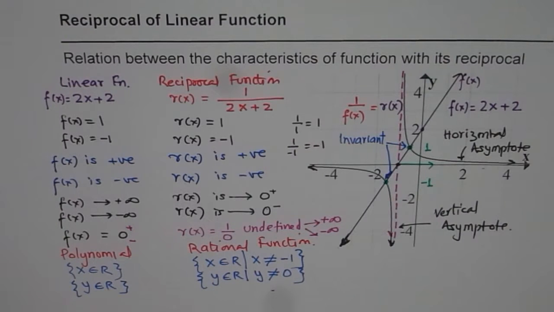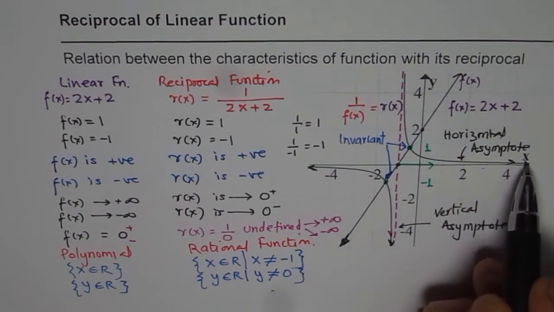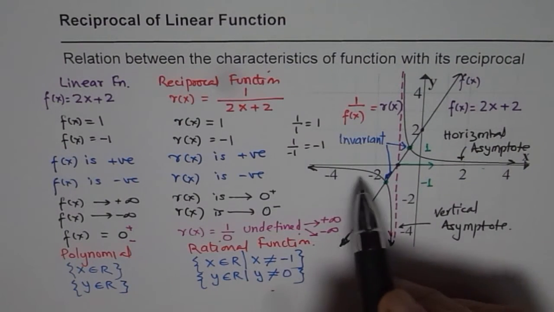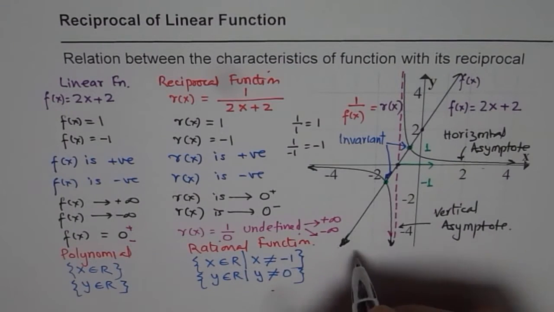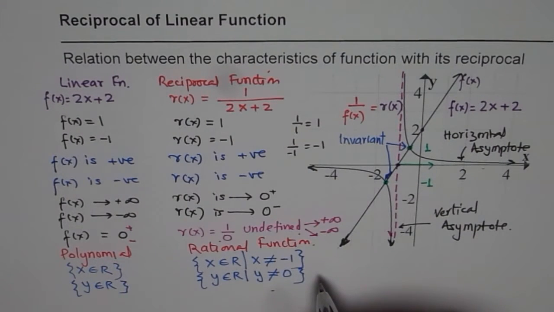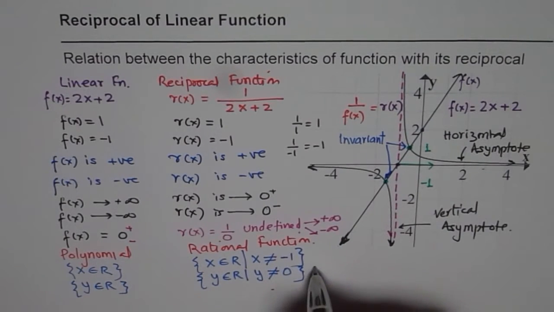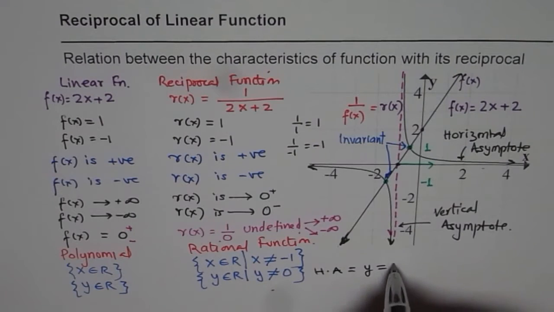So these are a few things which you have to consider when we are learning about reciprocal functions. Okay, now these horizontal asymptotes, let me write here, for our reciprocal function, we say that the y value is approaching, right? So we say the horizontal asymptote is y equals 0, right?